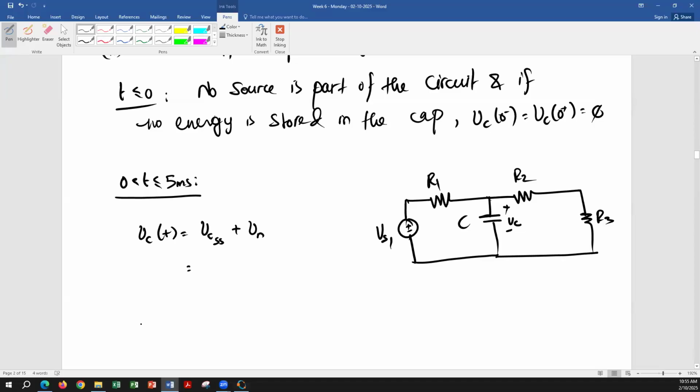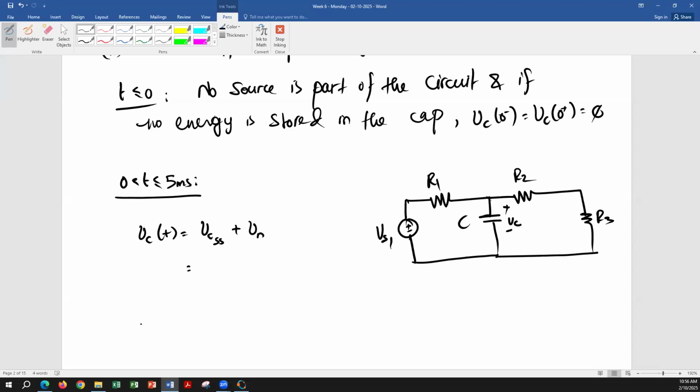Now, although the circuit is going through another change at 5 milliseconds, and the capacitor may not be fully charged, when you're writing the equation, you still have to consider if the circuit is running for a very long time, how much voltage is going to appear across the capacitor. That's the steady state value of the capacitor voltage. So you still have to assume that the circuit is running for a very long time, and what will be the steady state value of the capacitor voltage in that case.